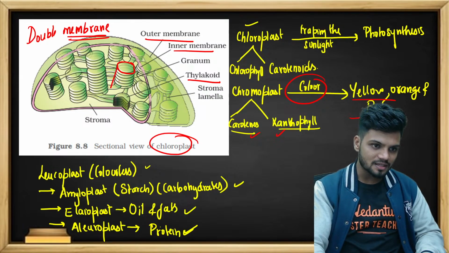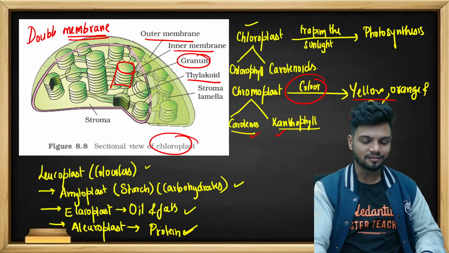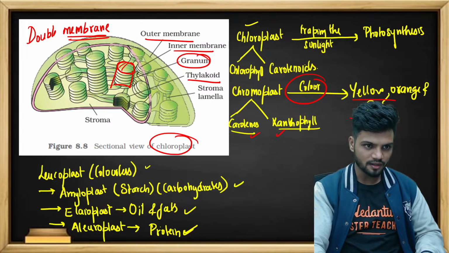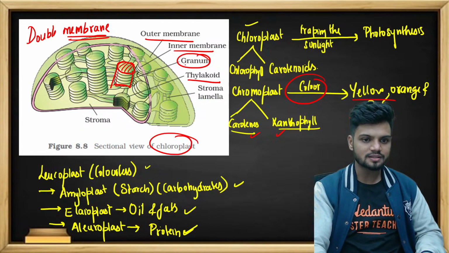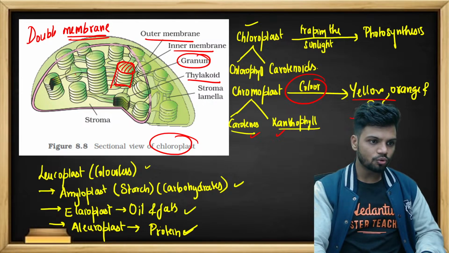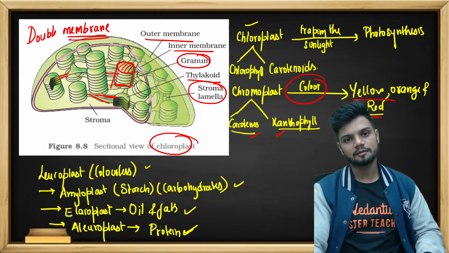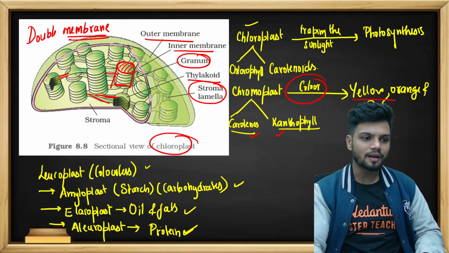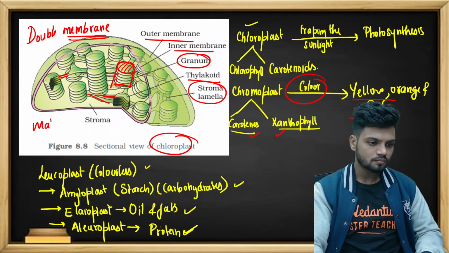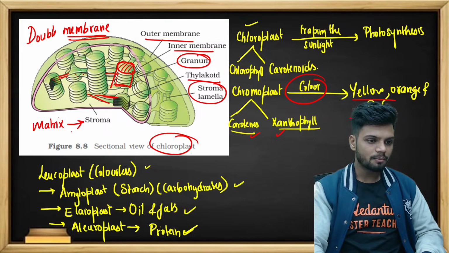The entire stack is called grana. Between two grana, the connection is called stroma lamellae. And inside the chloroplast, there is a matrix called stroma.